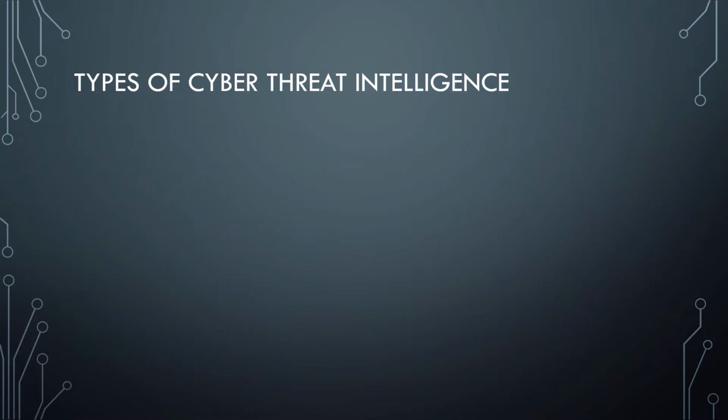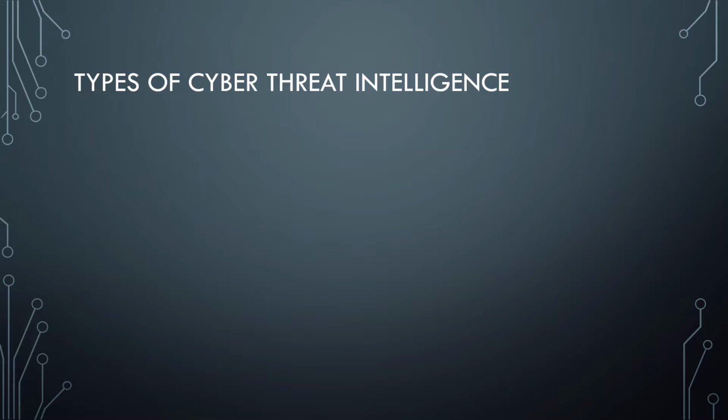Basically, this type of threat intelligence is used for you to make your policies or make your decisions based on that. And also you need to collect the type of intelligence information so that you can get their intentions, their techniques, and their operations.